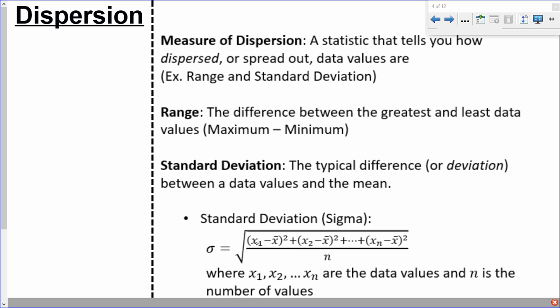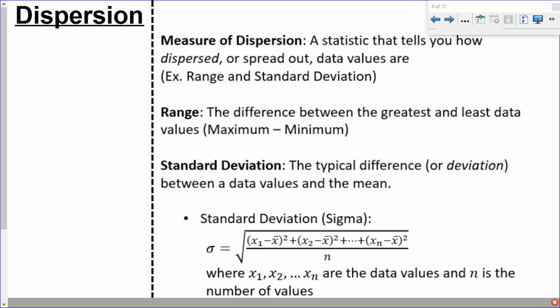Basically you take each x value in the set and subtract it from the mean. That gives you a difference, what that number is from the mean, and then you square it, and then you add the next number in the data minus the mean, squared, until you've done that with all the values, divided by n, and we square root that.